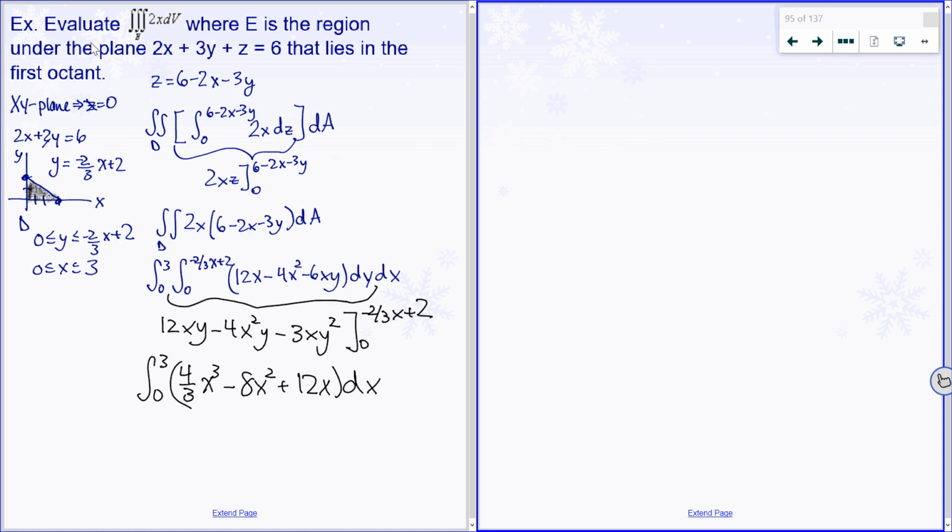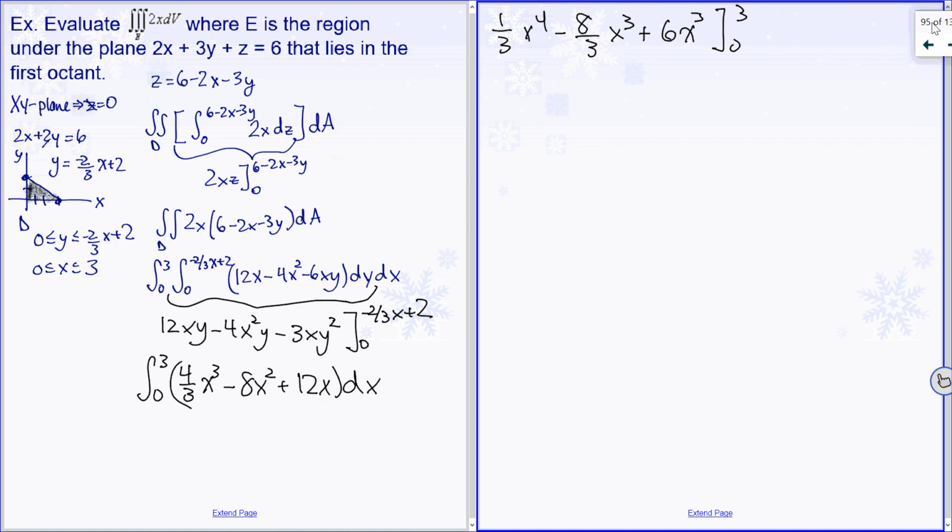Okay. And if we do the integral of that with respect to x, it's a polynomial.